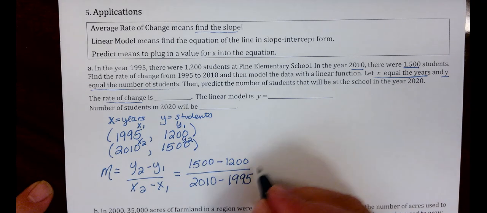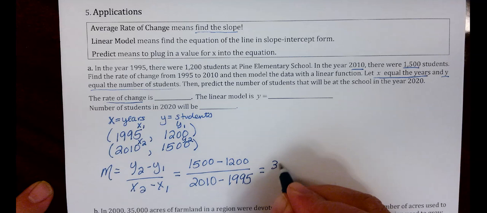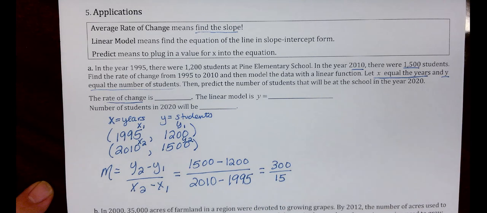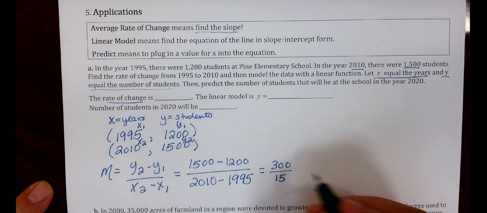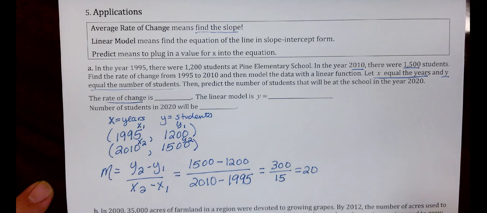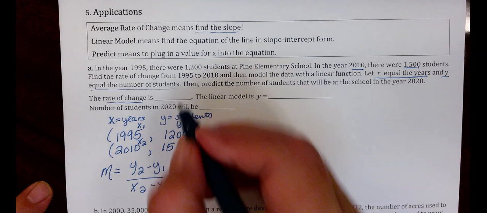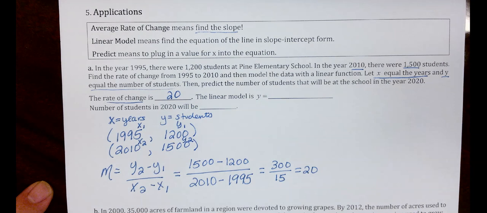Simplifying that, we get 300 divided by 15, which gives us 20. So our rate of change is 20. So that's 20 students per year.